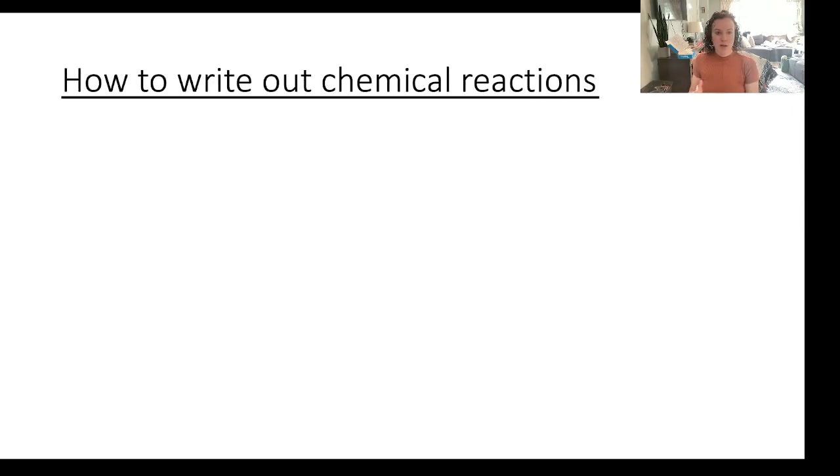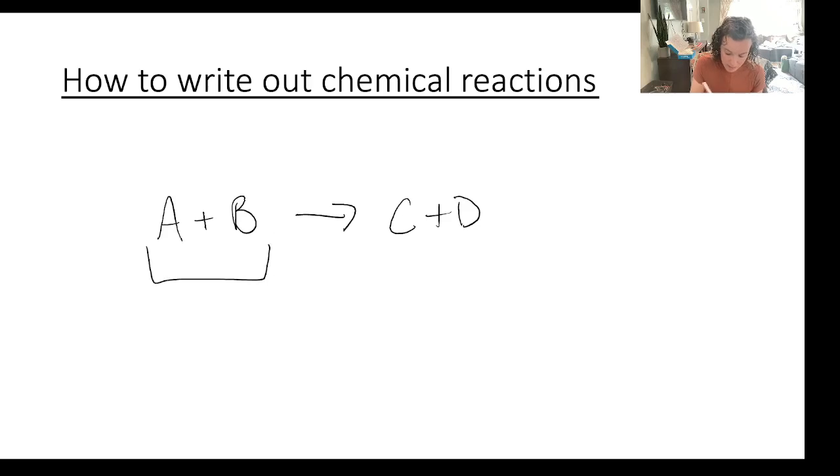And let's kind of learn how we write out chemical reactions. So for example, we'll have a reaction where we have A and B turned into C and D. A and B is what we start with. The chemist's word for this is reactants. The arrow indicates the chemical reaction has happened.